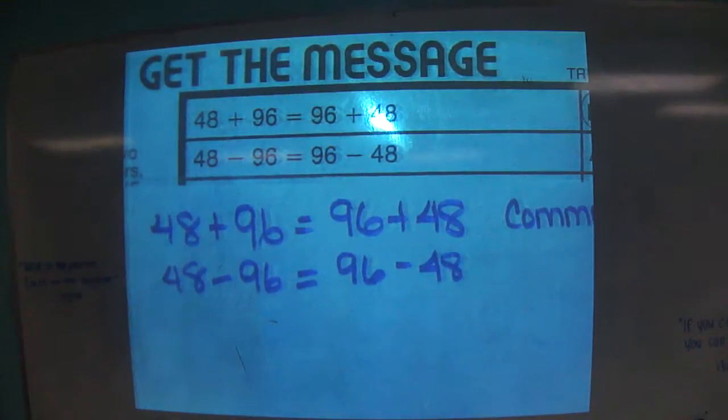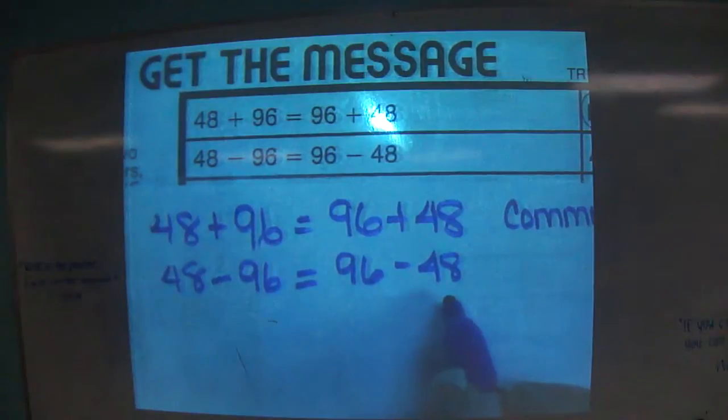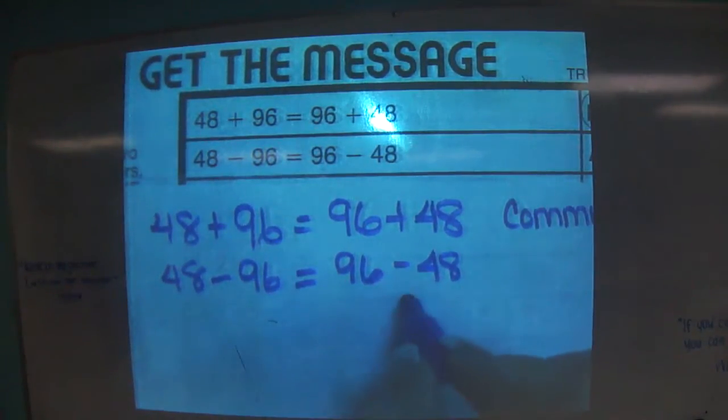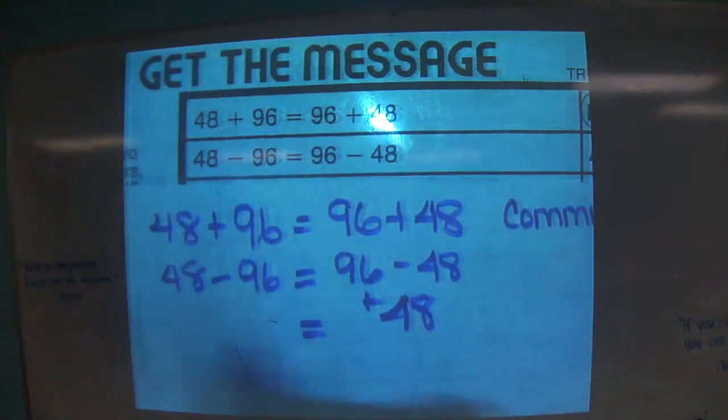But when you do subtraction, what would this be? 96 minus 48 is 48. 8 and 8 is 16, so 48. 48 and 48 is 96. So this would be 48 positive, and this would be negative 48.